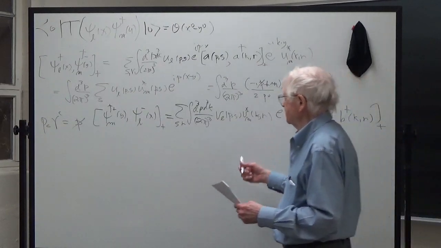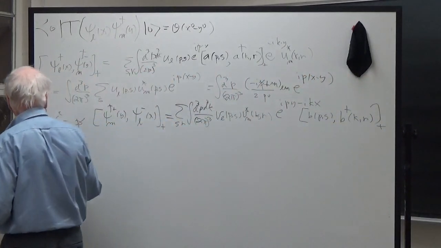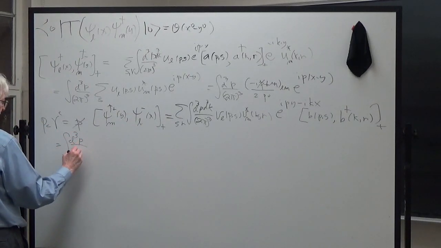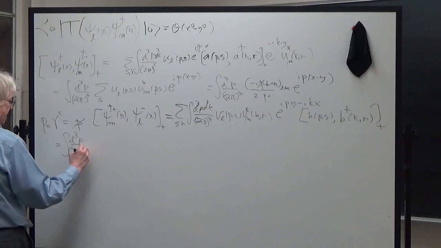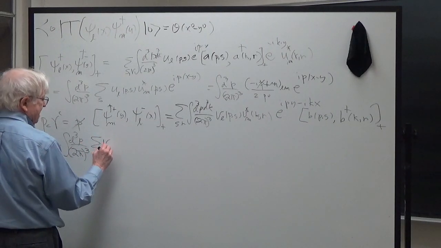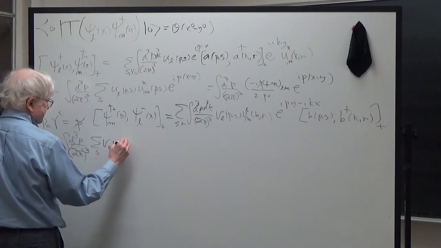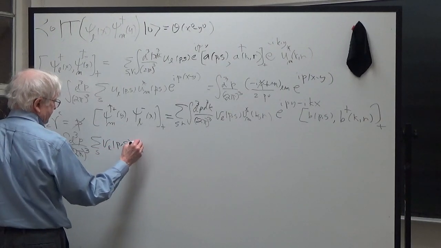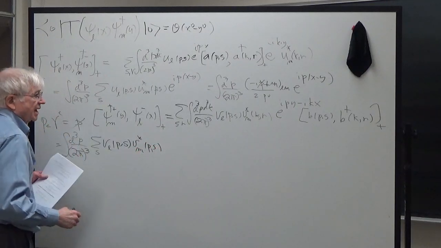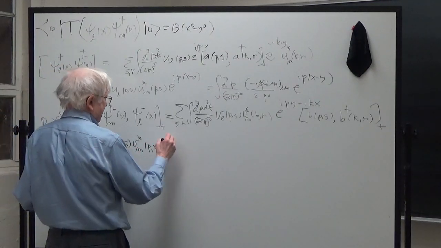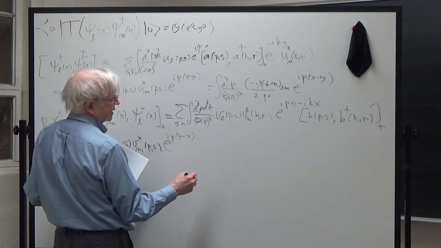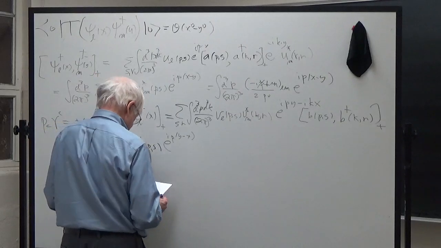And that, of course, knocks us down to a delta function. So that's integral d cubed p over 2 pi cubed, spin sum v L p s, v M star p s, e to the i p y minus x.